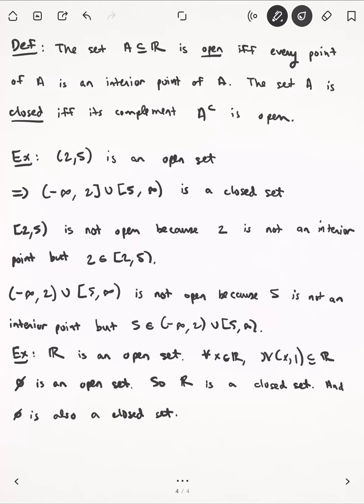So not only do we have sets that are neither open nor closed, we have sets that are both open and closed. And in the real numbers, at least, these are the only 2 examples of sets that are both open and closed. And you can prove that. We're not going to do that in this class, but it's a more sophisticated proof.